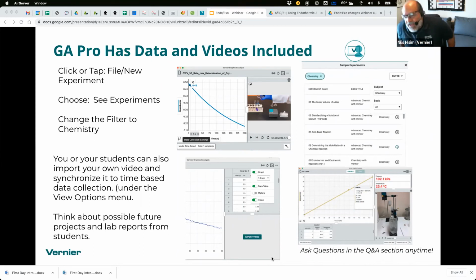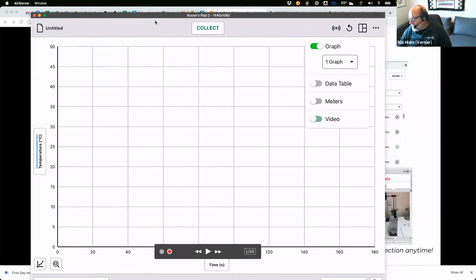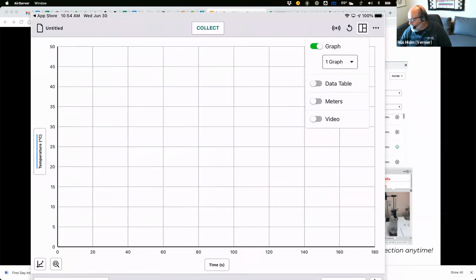That's not in the free version of Graphical Analysis, but you can import your own data in there.